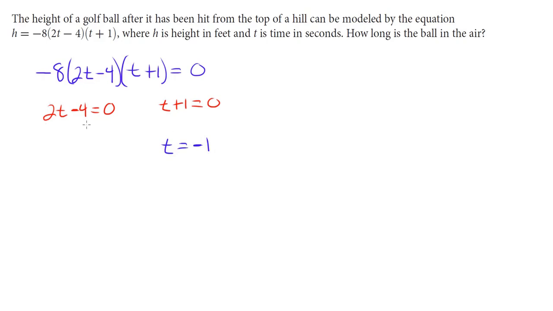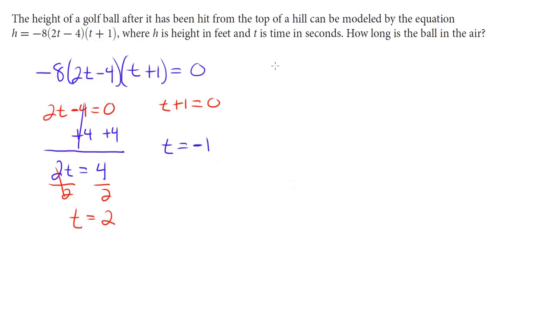And here, this is a two-step equation, so we need to go ahead and follow the steps. So we're going to add 4 to both sides. We get 2t equals 4. And then we're going to divide by 2. And we get t equals 2. So we have two solutions, t equals 2 and t equals negative 1.